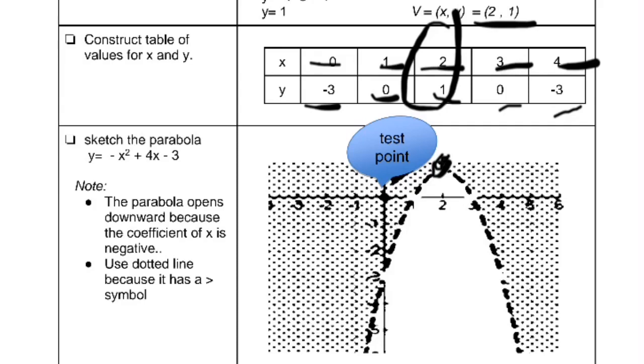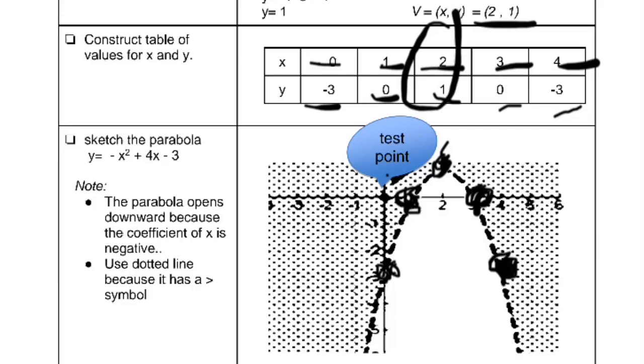Then (0, negative 3), then (1, 0), then (3, 0), and the last one is (4, negative 3). After plotting these points, connect them.